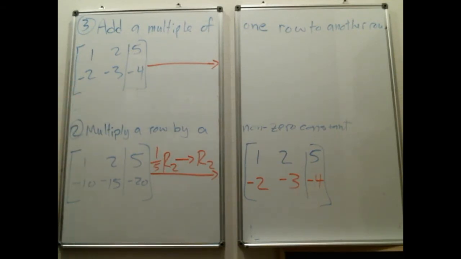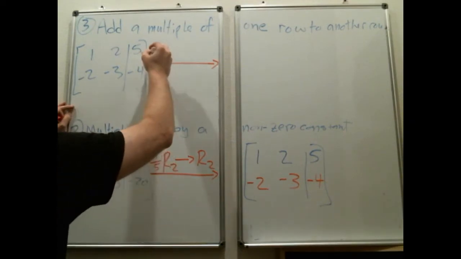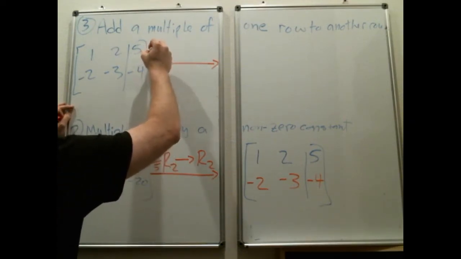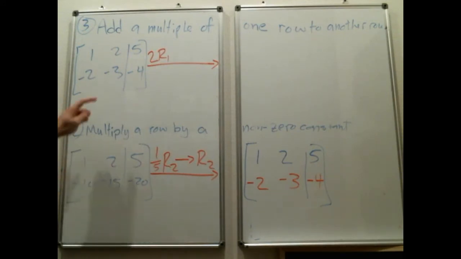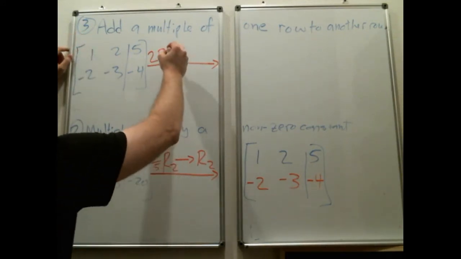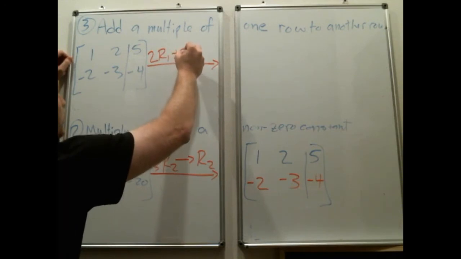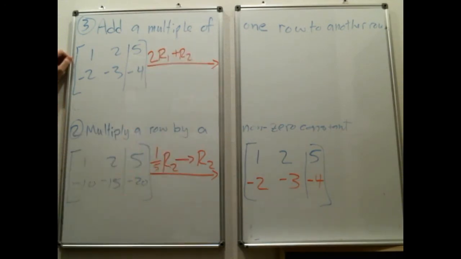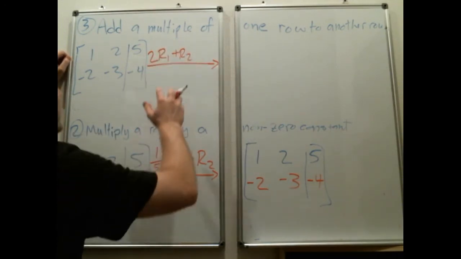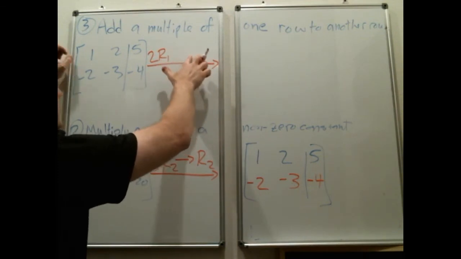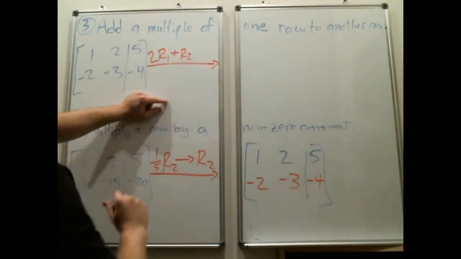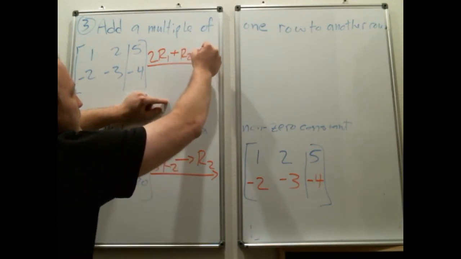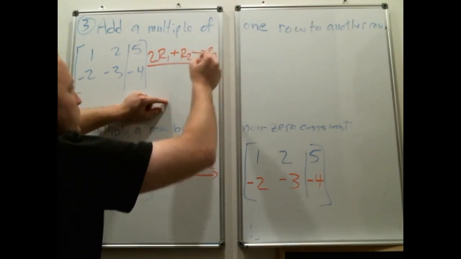So the way you would write that is, I want to say 2 times row 1. So I'm multiplying row 1 times 2. And then I'm going to add it to row 2. And then that implies a new row 2.